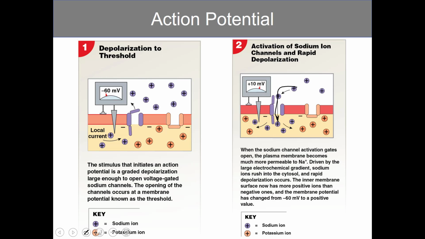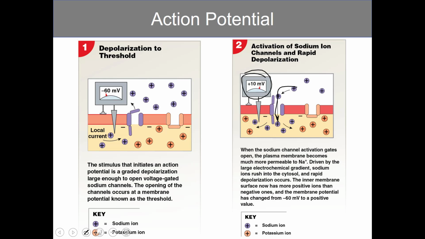The large electrical chemical gradient is going to drive the influx of sodium ions, so they're going to rush into the cytosol, and that's going to lead to a rapid depolarization. The inner membrane surface now has more positive ions than negative, and the membrane potential has changed from negative 60 to a positive value, and here we have just a positive 10.